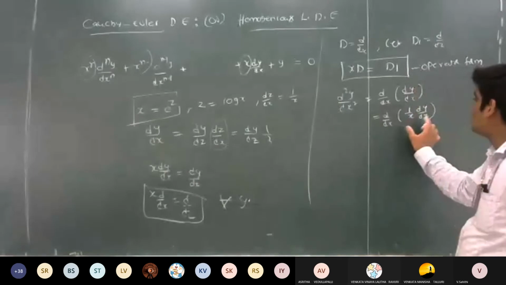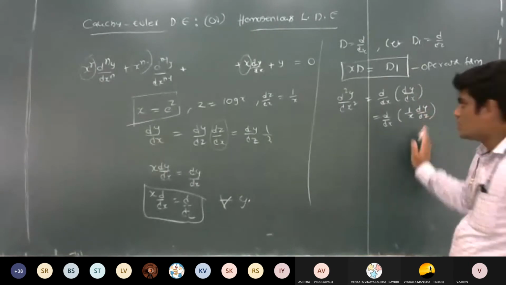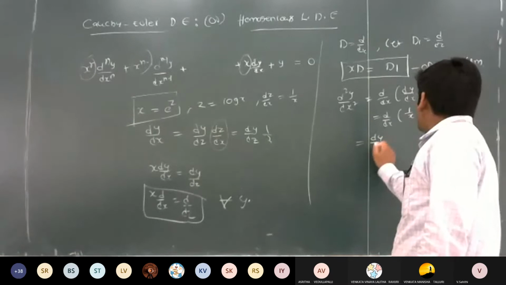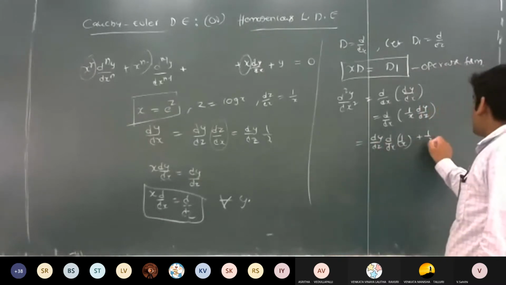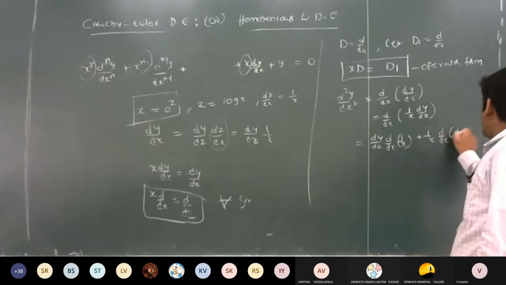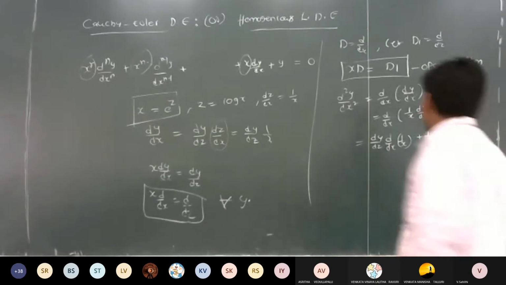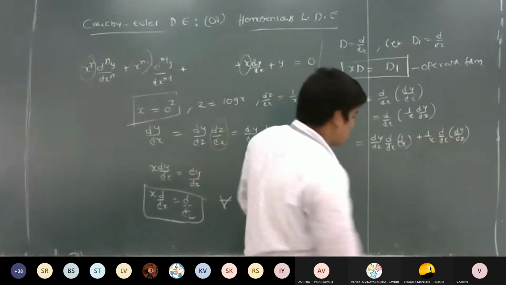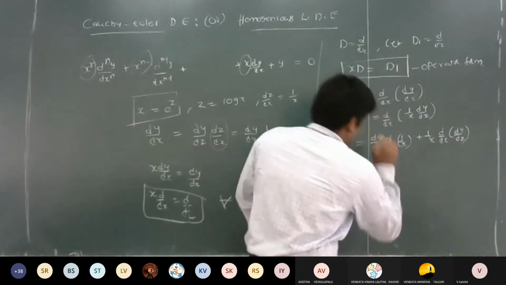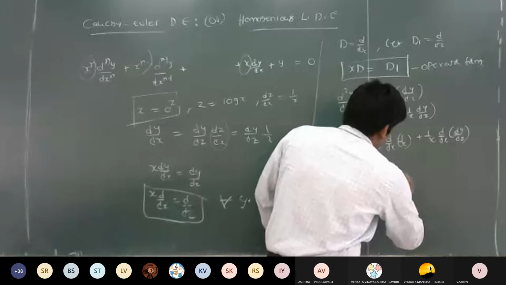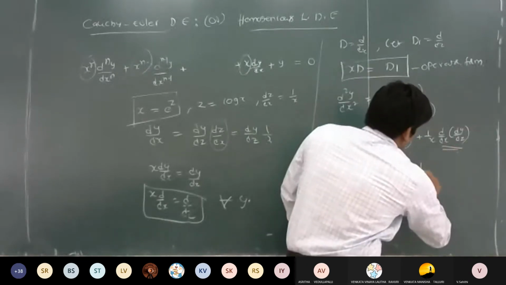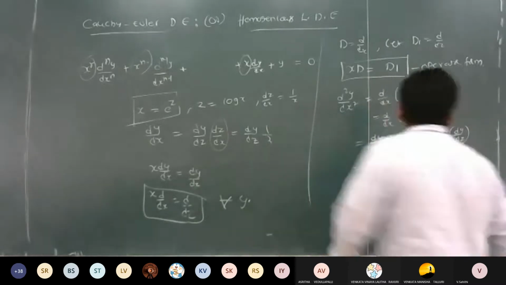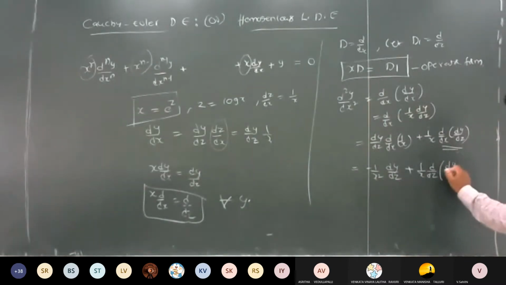Now we have to apply the uv rule. So that is dy by dz into d by dx of 1 by x plus 1 by x into d by dx of dy by dz. The derivative of 1 by x is minus 1 by x square, into dy by dz, plus, just listen, I am changing this as 1 by x into d by dz of dy by dz into dz by dx.